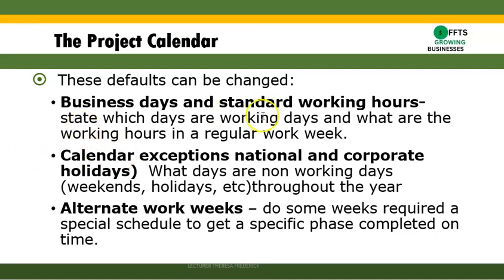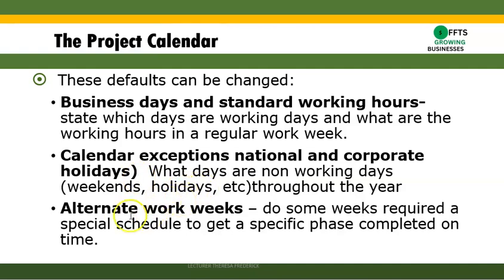So what adjustments are we making? We can change business days and standard working hours. For instance, we may be happy with the Monday to Friday working, but we may not be happy with the time, so we want to change the time. We could make exceptions. You have national and corporate days, or you may have a day when nobody is working on the project, so you don't want to schedule work on that day.